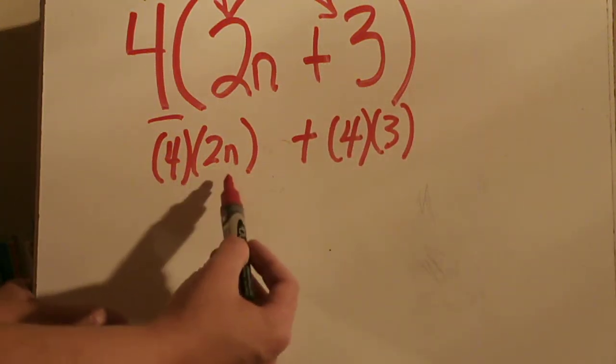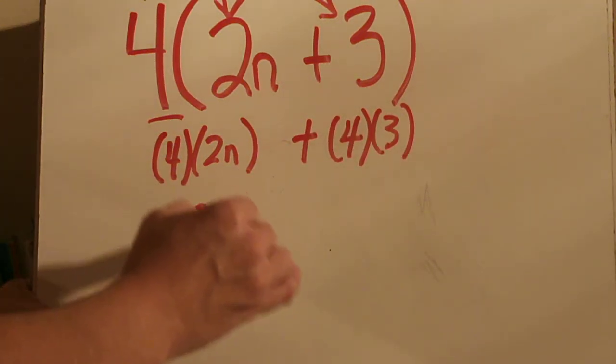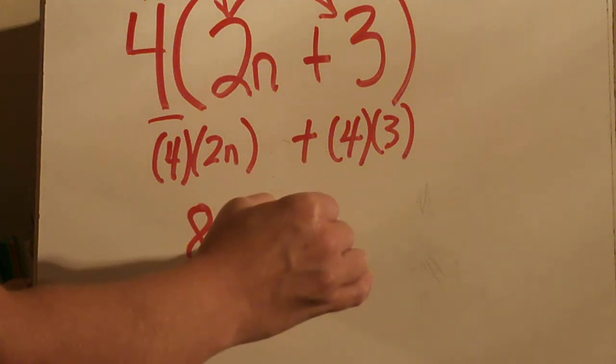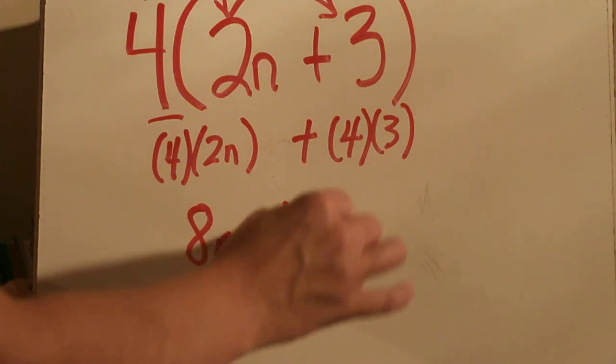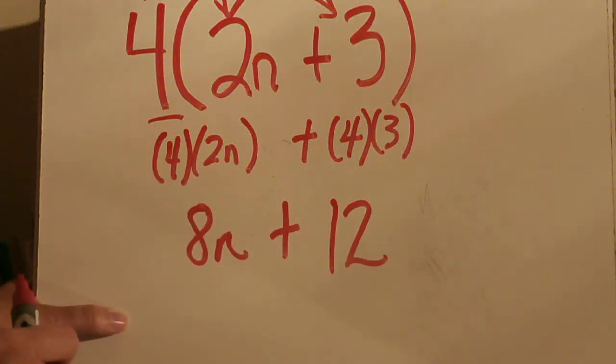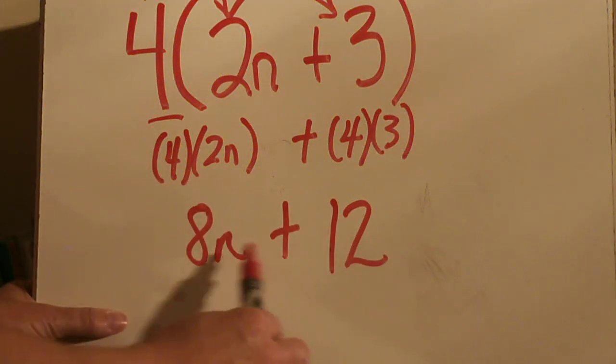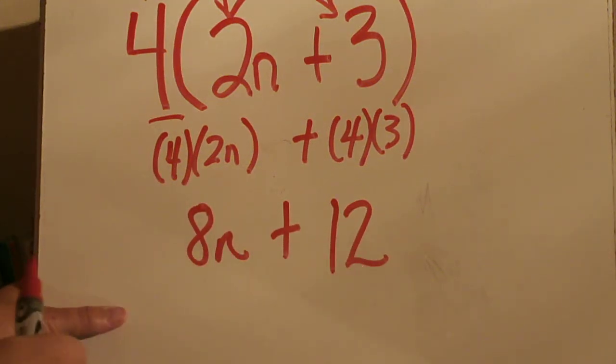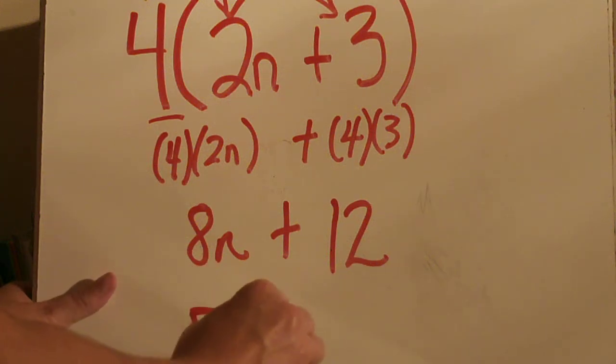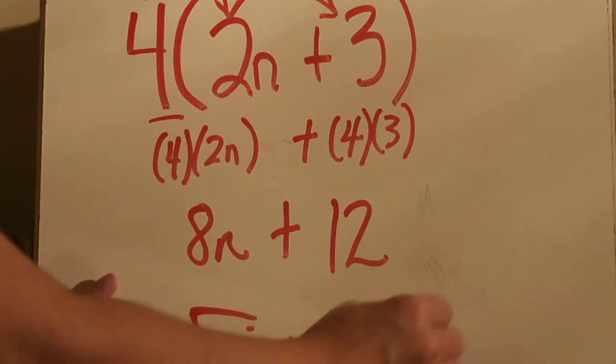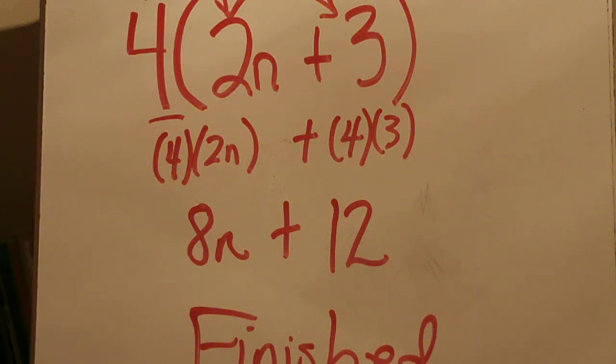So 4 times 2n is 8n, plus 4 times 3 is 12. We now have addition of unlike terms, so we must stop. We are now finished simplifying this expression.